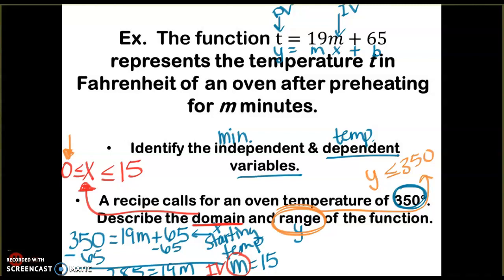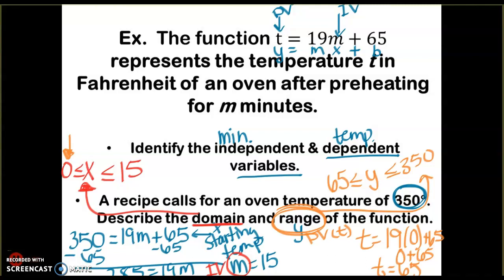I need to find the range, or that dependent variable, which we established was T. So I solve for T after 0 minutes: this becomes 0 plus 65, so T equals 65 degrees. That means the temperature was starting at 65 degrees. So my range is going to be from 65 degrees all the way up to 350 degrees.